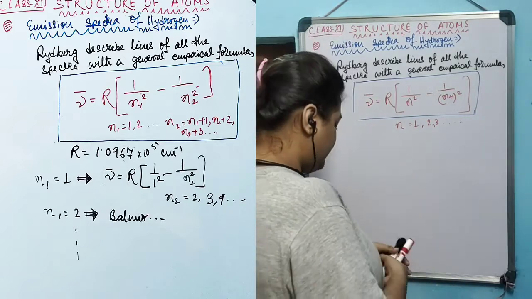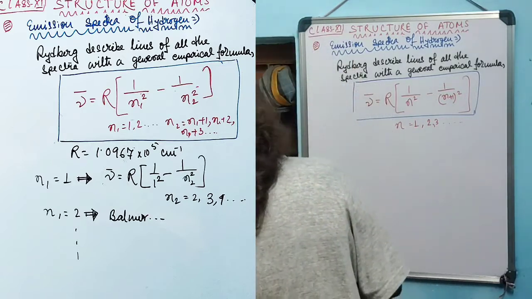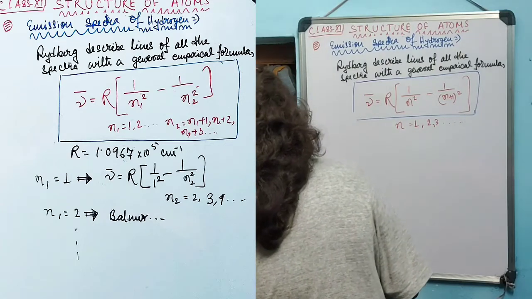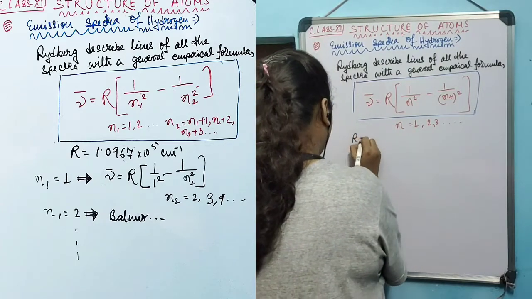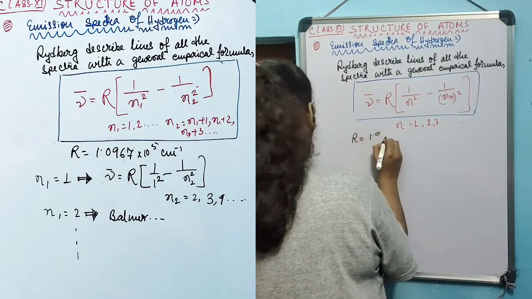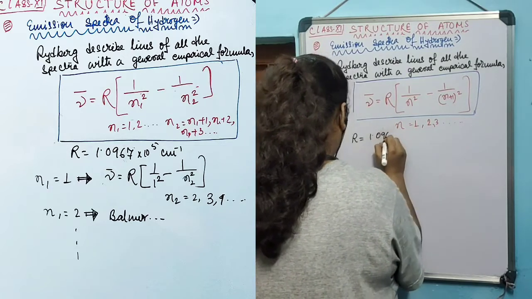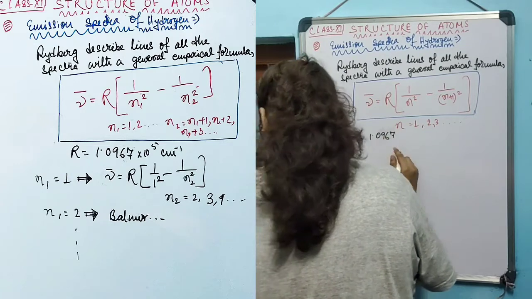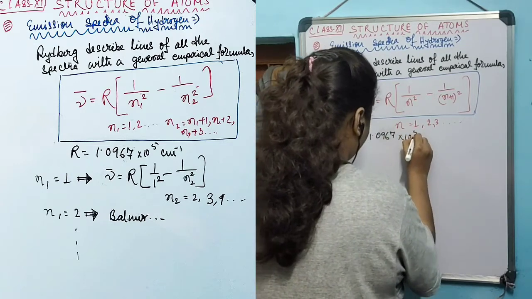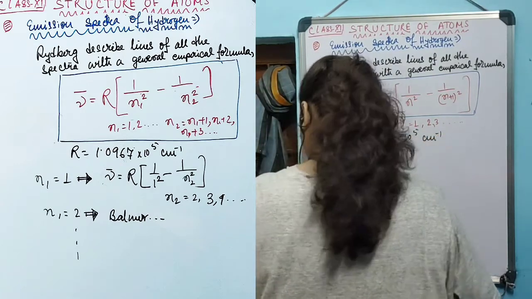Now R is known as the Rydberg constant, and the value of this is R equals 1.096 into 10 to the power 5 centimeter inverse.